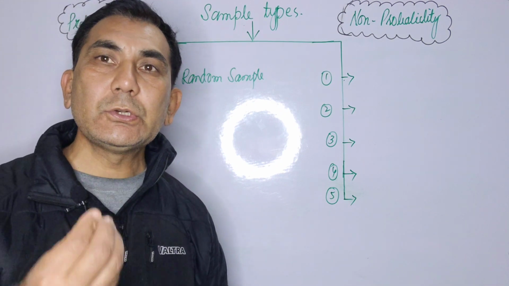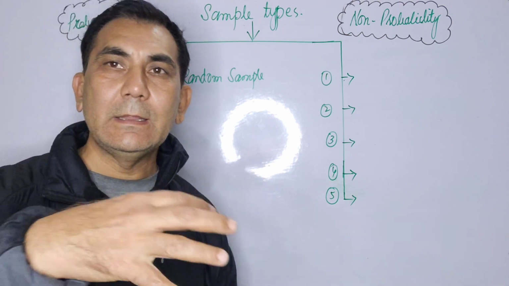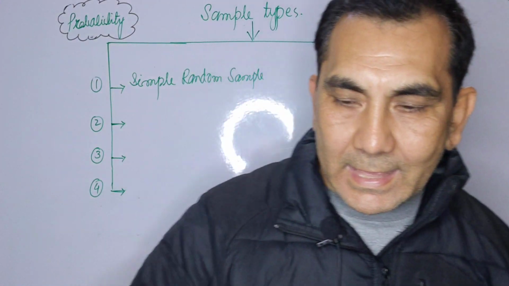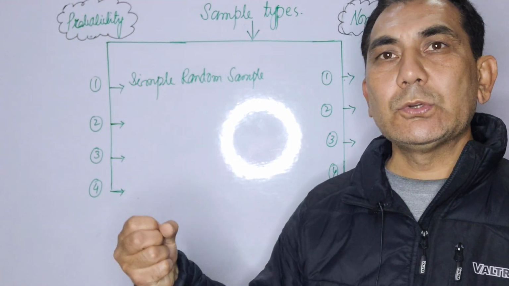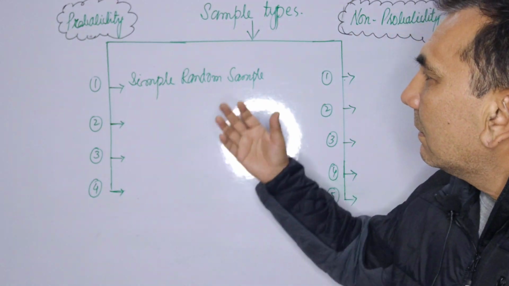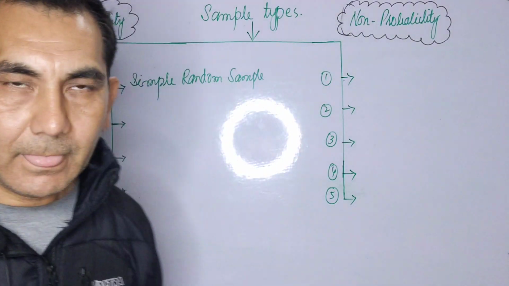You put the token number or the name on a chit in a box, and then you draw 50 tokens randomly for the simple random sampling technique.